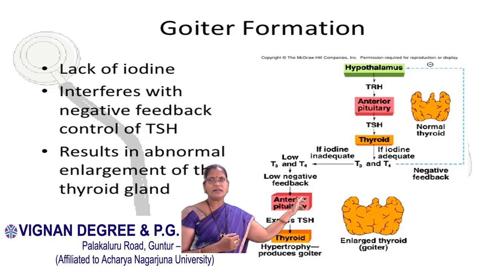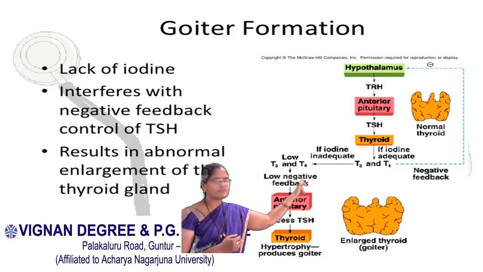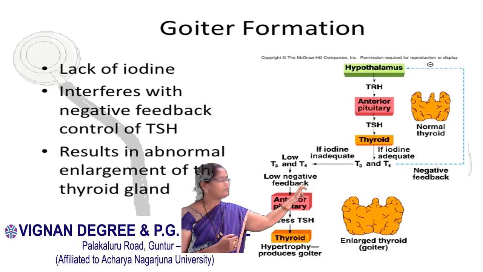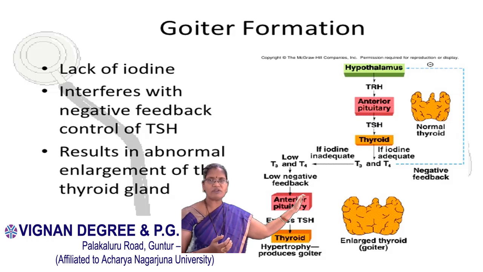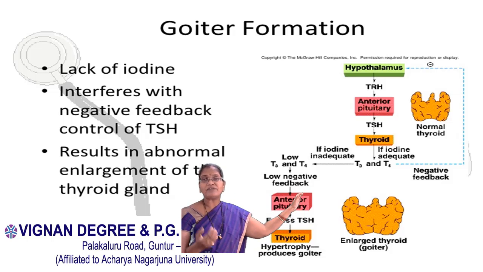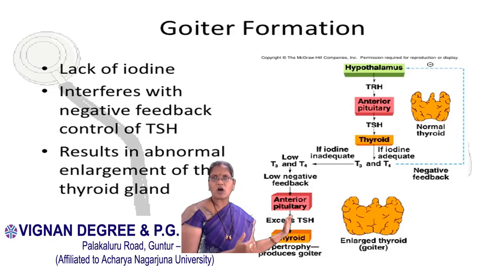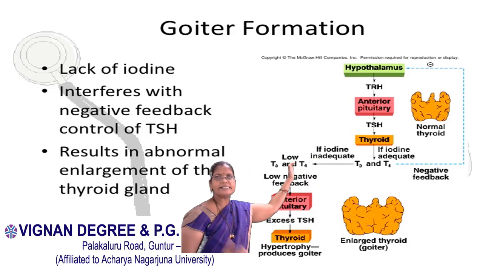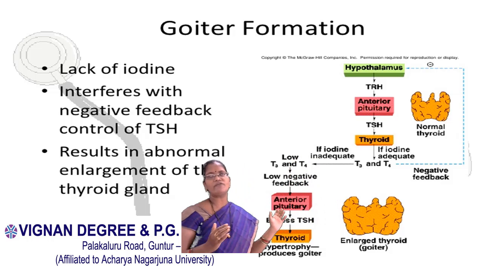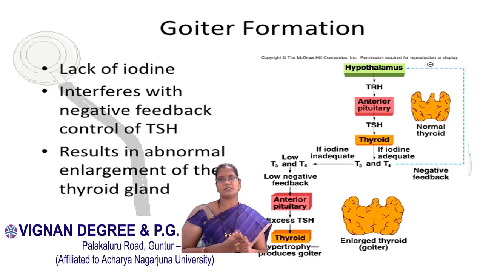So I repeat once again, the hypothalamus will secrete the TRH. The TRH will act on the anterior pituitary gland. As a result, TSH will be produced. This will act on the thyroid gland, and if there is sufficient iodine availability, T3 and T4 hormones are produced. These T3, T4 hormones will show negative feedback. That means they act on the hypothalamus and inhibit the release of TRH in normal thyroid conditions.